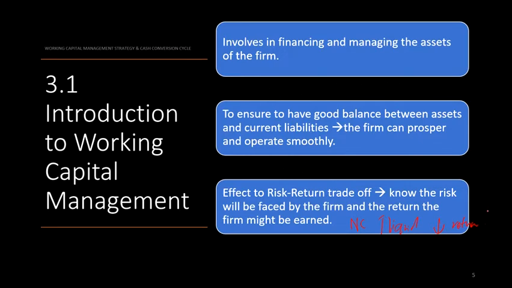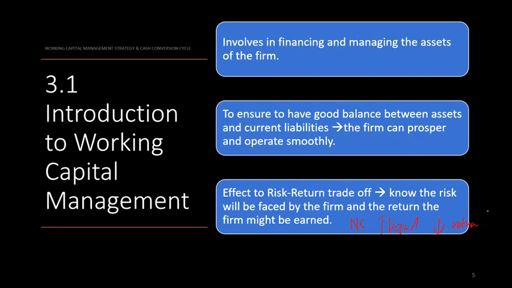Okay, so effect untuk firms net current asset pula ialah liquidity higher, profitability lower lah. Kalau lower firms net current asset, maksudnya dia banyak menggunakan short term financing and less long term financing, profit akan jadi higher. Why?